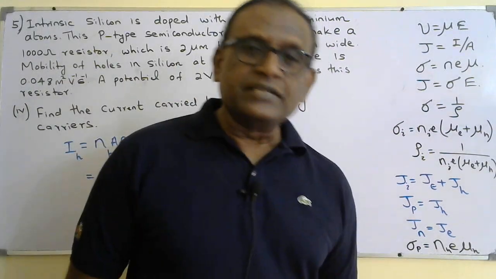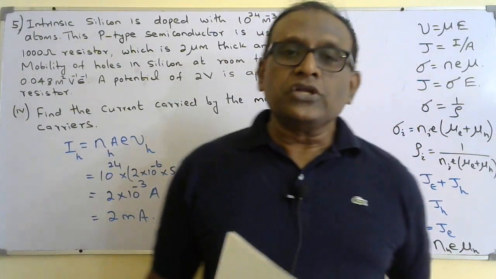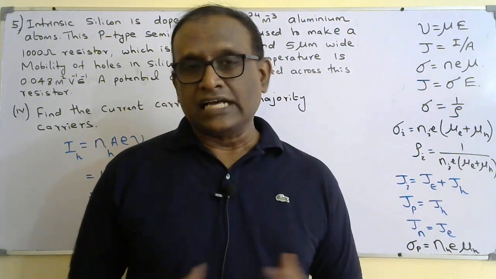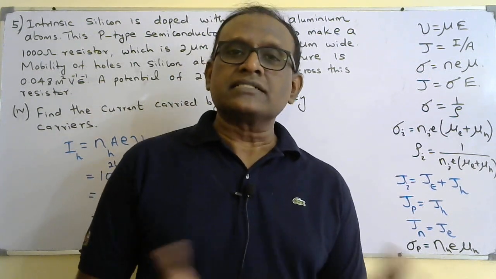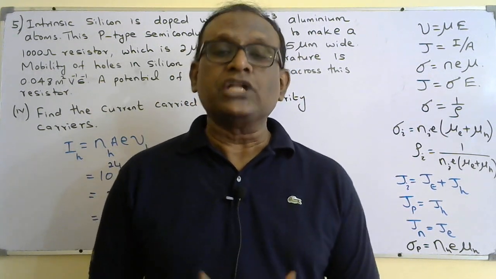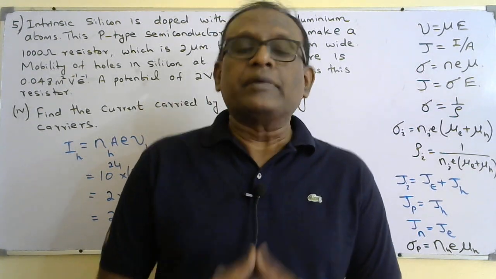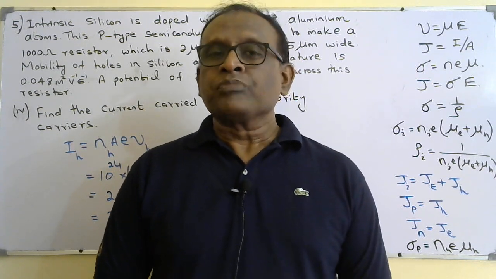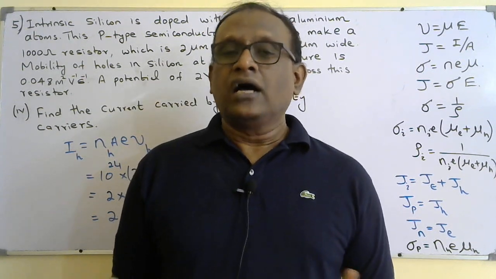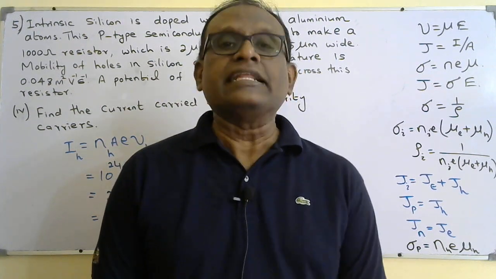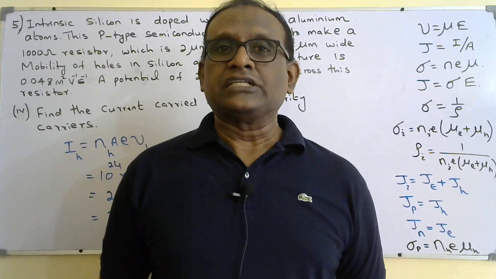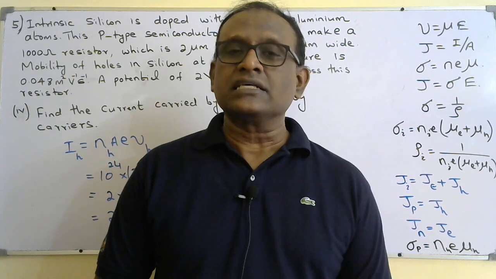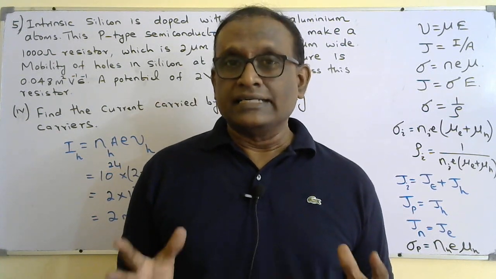Okay, so that's the end of lesson 1, the first lesson. During the second lesson, I will discuss the formation of the PN junction, then forward bias and reverse bias of the PN junction, what happens during forward bias and reverse bias, and what forward bias and reverse bias mean. Then I will discuss diodes, different types of diodes and their applications, and rectification questions will also be done in the next lesson.